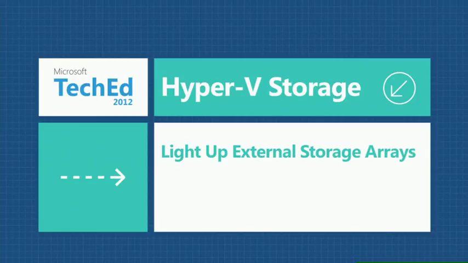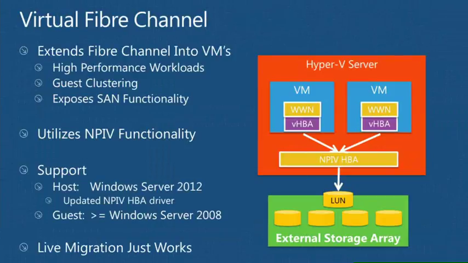So the first thing that I want to cover is how do I make your existing hardware investments better with Windows Server 2012, right? One of the first features that we talked about is virtual fiber channel. Virtual fiber channel allows you to surface the fiber channel into the guest.